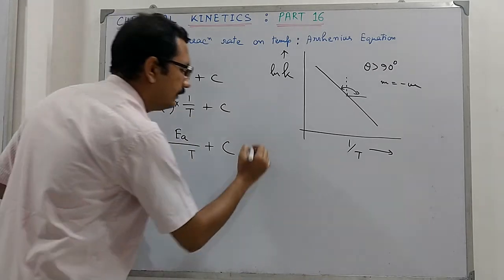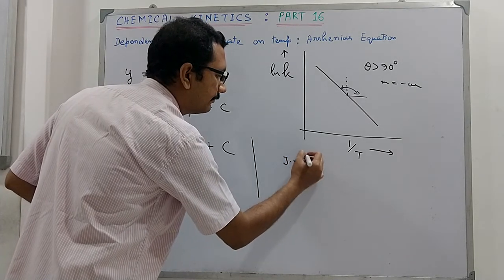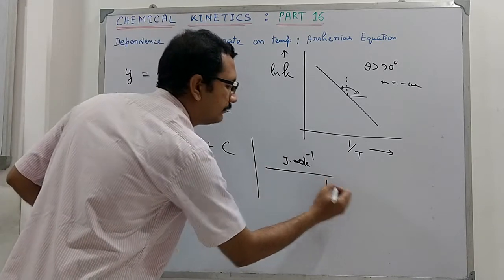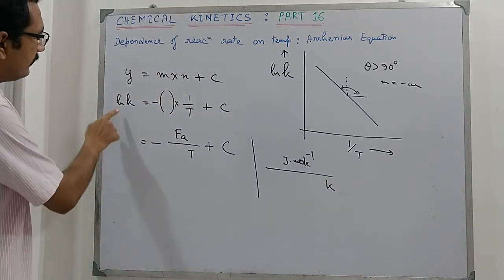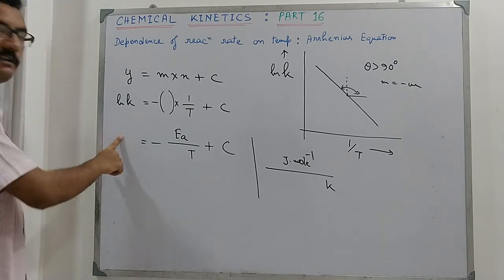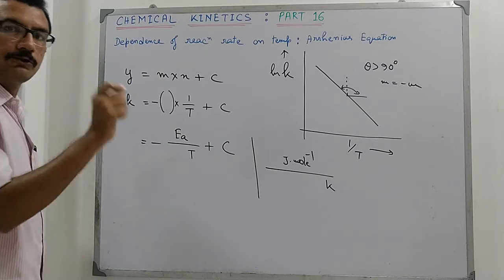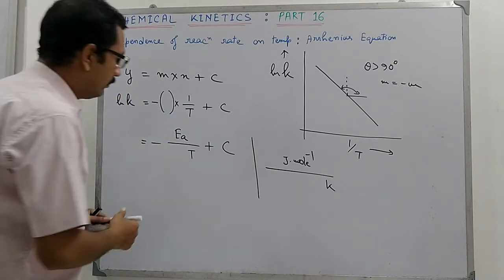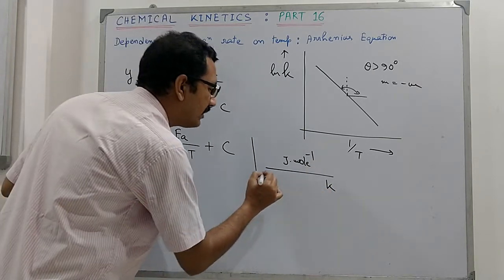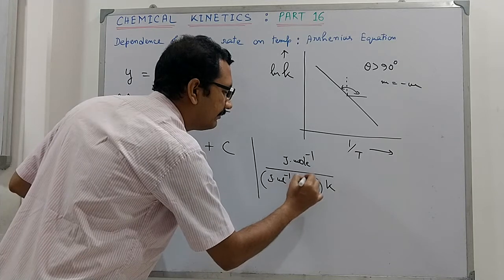Now energy is joule per mole of the reaction. Now in the denominator you have Kelvin. Now since this is log natural k, the left side of this equation is dimensionless. So the right side of this equation must also be dimensionless. So EA is joule per mole and here it is Kelvin. So here must be some other parameter which is joule per mole per Kelvin.